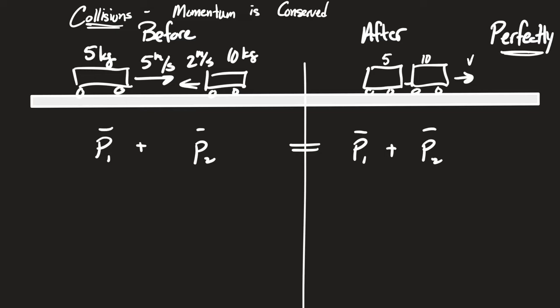So to solve one of these questions, before you start, I would encourage you to draw in an arrow to indicate what direction you're calling positive. Now you guys do realize I'm totally putting a framework in front of you, right? I'm drawing little pictures of the cars before and after. I'm putting a dividing line between them to separate out the impact moment. And where the impact moment is, I'm putting an arrow to indicate what direction is positive so I can be consistent.